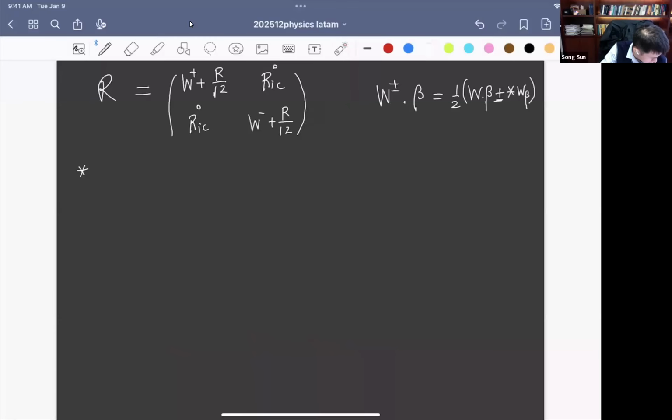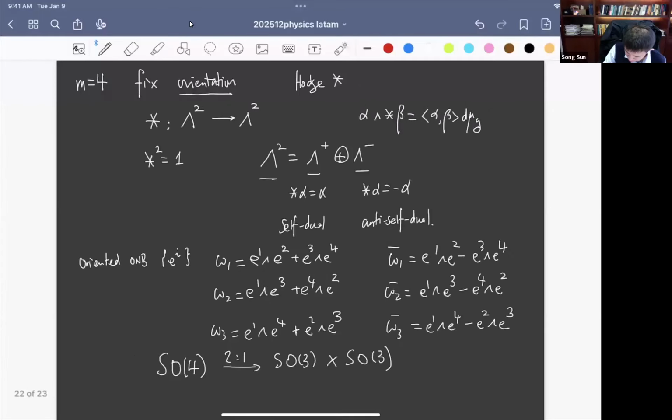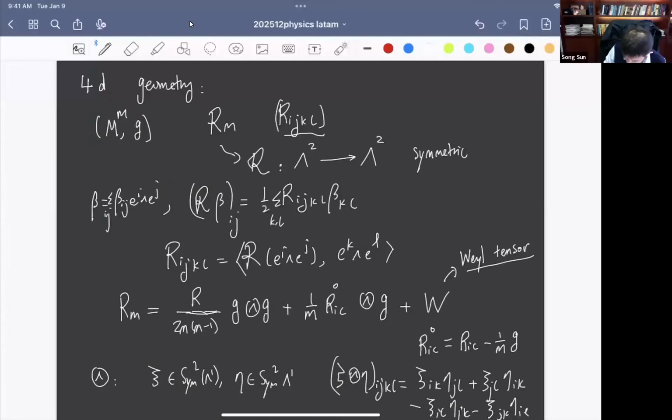The first thing we know is that this is also true in general dimension. The product g ∧ g, this is the first term. The coefficient is R over 2m(m−1), that's 2 times 4 times 3, that's 24. So R over 24 times this, right?